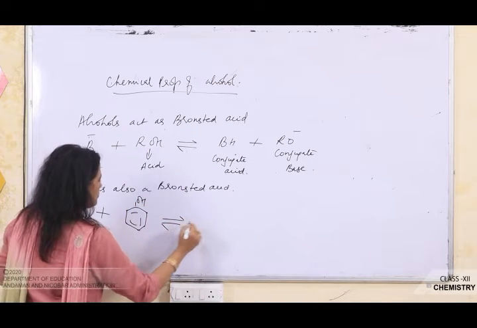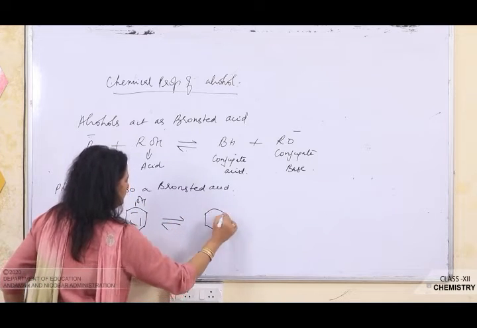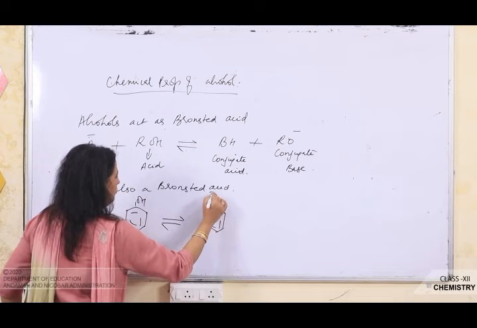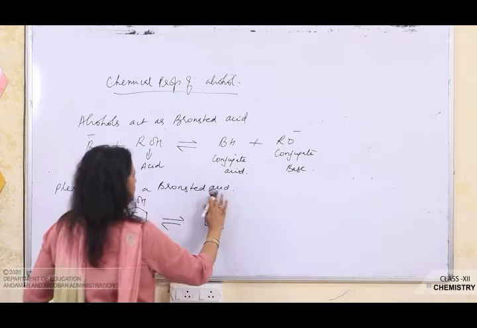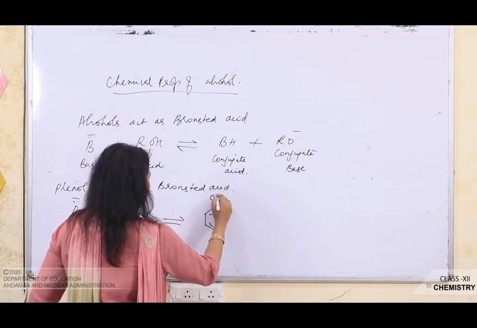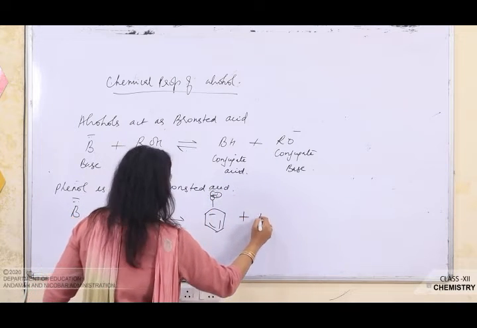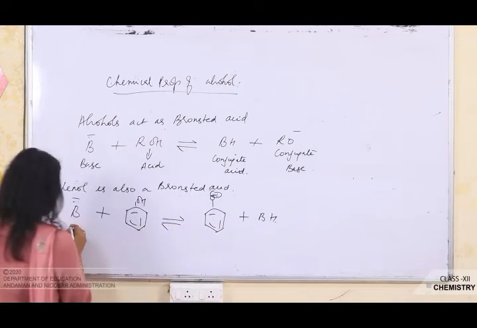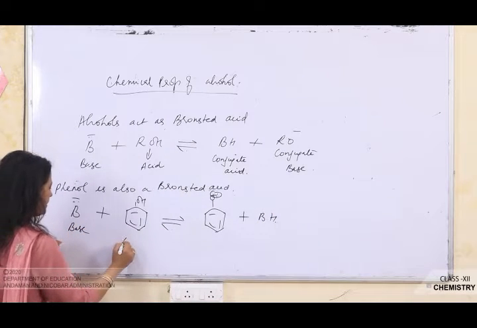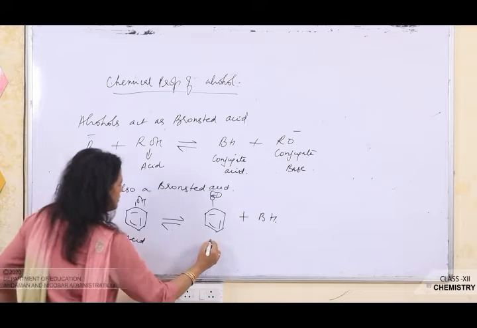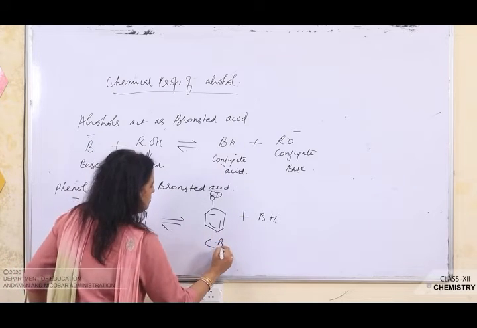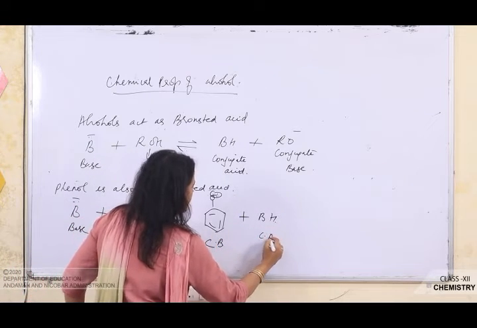So, this is giving H plus, you get O minus plus BH. So, this is base, this is acid, this is conjugate base, and this is conjugate acid.